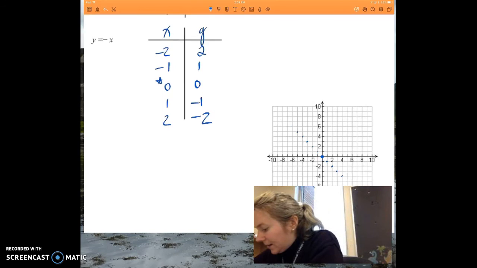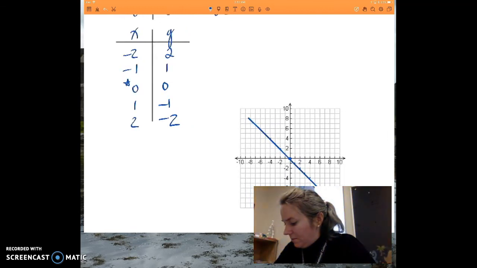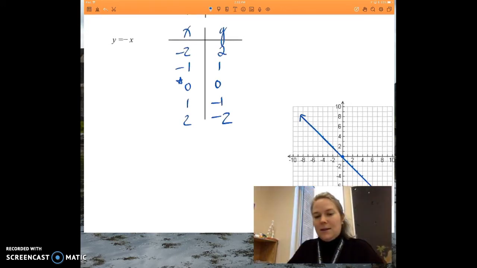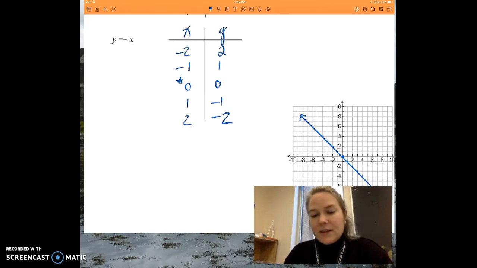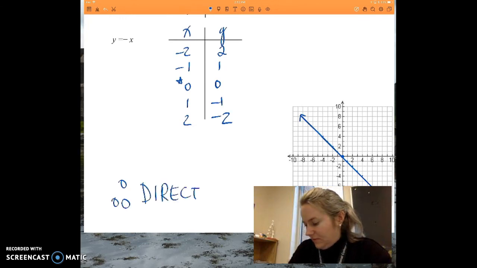Let me try that line again. There, that's better. Sorry guys, moved that page. Arrows on the end. There we go. So, according to the graph, is this partial or direct? This is direct variation.